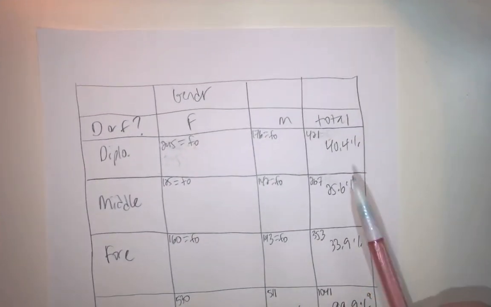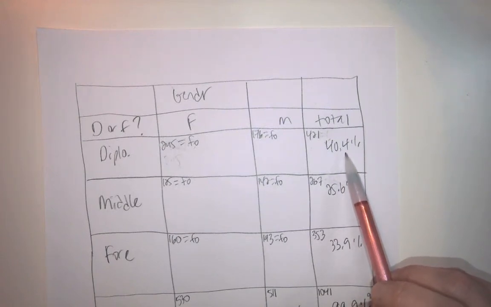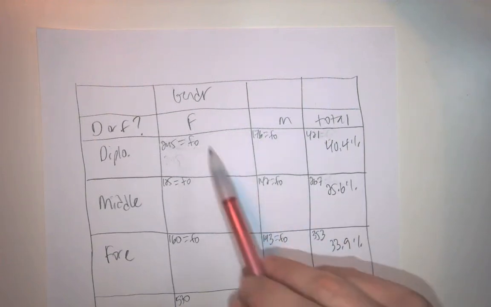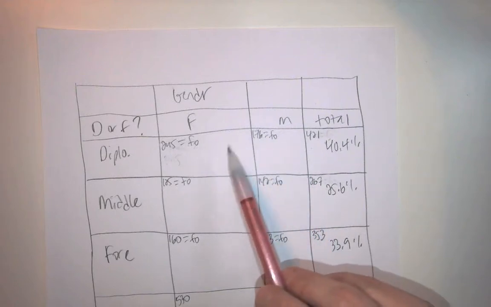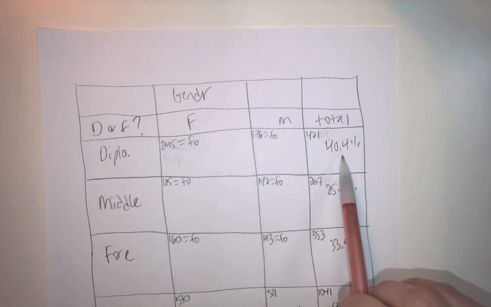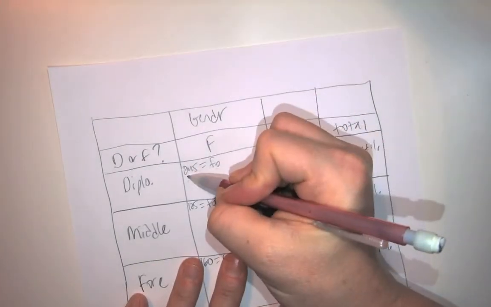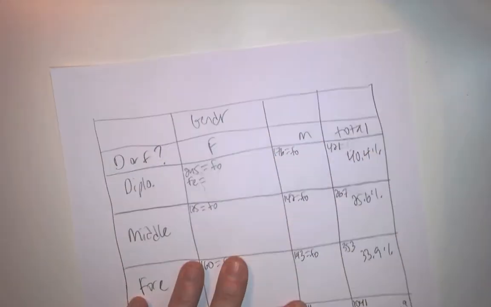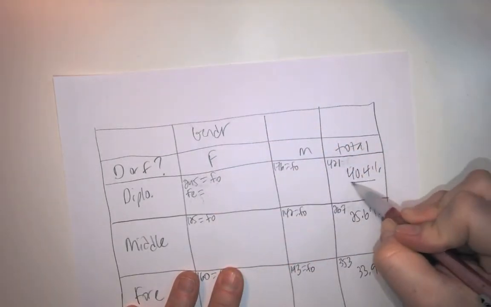I'll start with the top row. The total number of people who support diplomacy is 44.4%. If we are wrong about women favoring diplomacy more than men, they should also have 44.4% support. So the way that we calculate our expected frequency is to multiply what we expect using the total box.